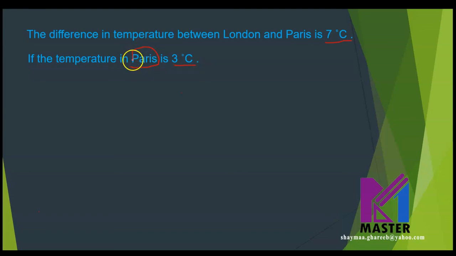So we only know the temperature in Paris, but we don't know the temperature in London. Is this clear? Now, what could the temperature be in London? So we only know the difference between the two towns, and we know the temperature only in Paris.